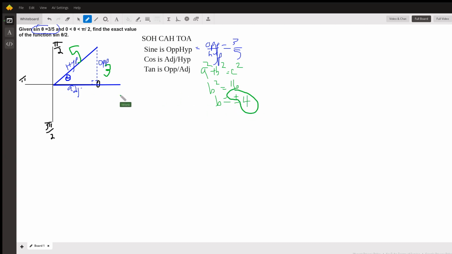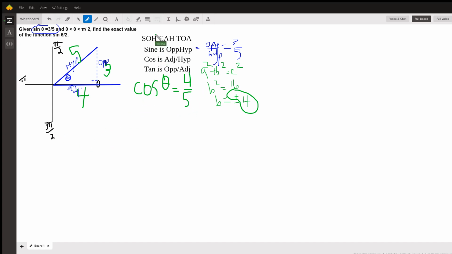If they had said it was back here, we'd have to use the minus. Now we need to find the cosine. So we know this is the sine. The cosine is the adjacent, which is the 4, over the hypotenuse, which is 5.